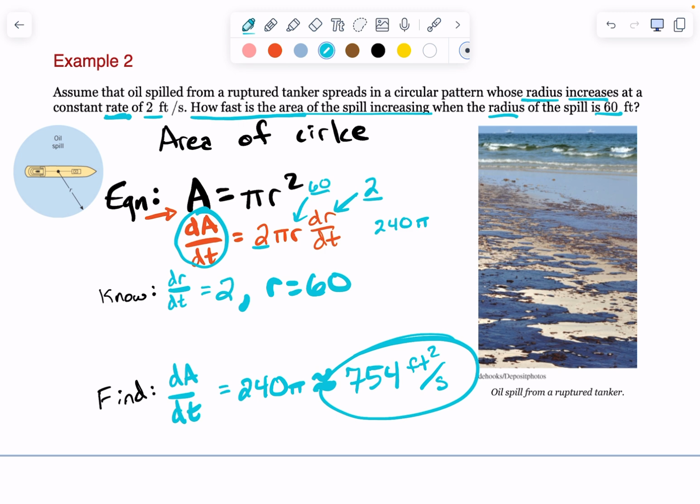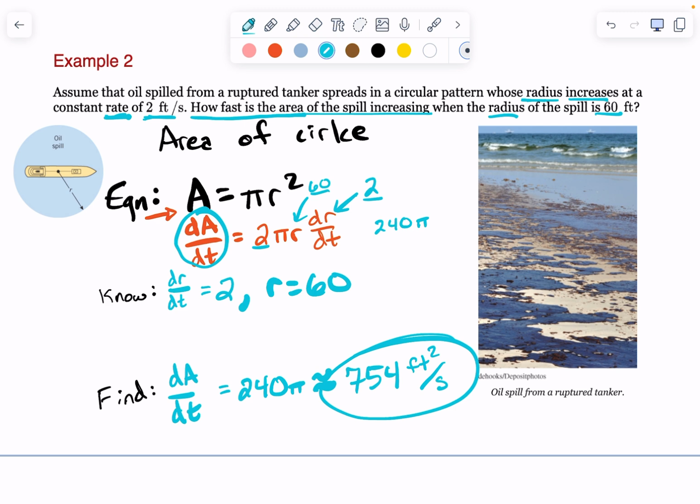Got it? Not in this scenario. You don't think so? It's because the radius is constant. The radius is increasing at a constant rate of 2 feet per second, but okay, you're right, so that is constant.